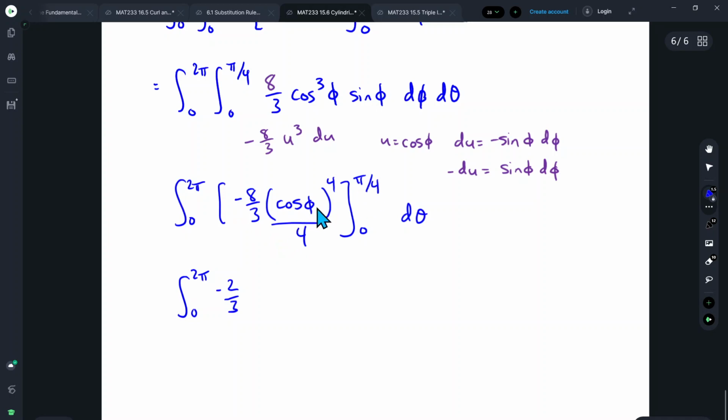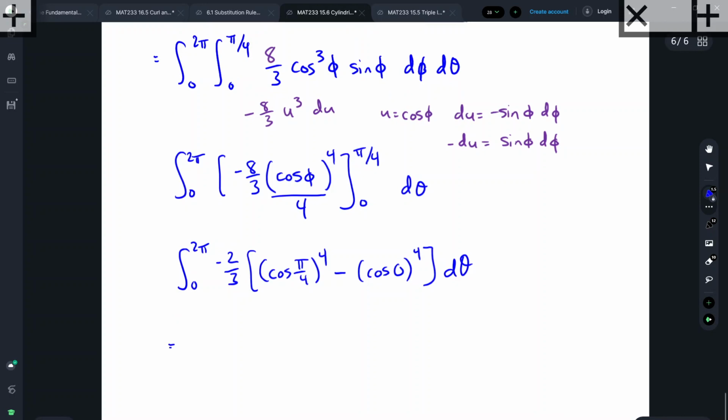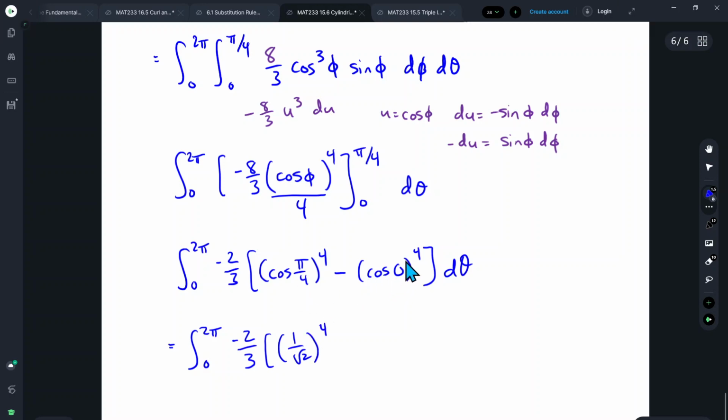Then I plug in pi over 4: cosine pi over 4 to the 4th power minus, and I plug in 0, so that's cosine of 0, which is just 1, also raised to the 4th power, d theta. Now this becomes the integral from 0 to 2 pi. Cosine of pi over 4 is 1 over the square root of 2, and I still have to raise it to the 4th power. Cosine of 0 is 1, 1 to the 4th is 1, so that's minus 1, d theta.